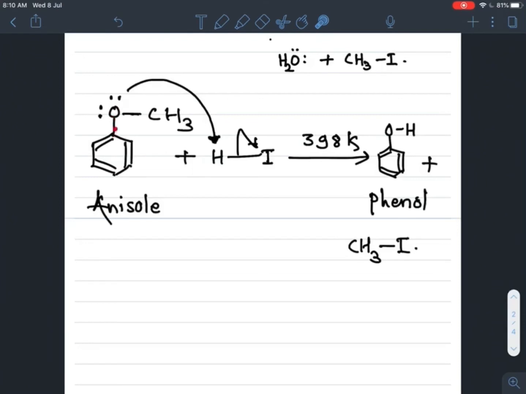The bond between oxygen and the phenyl group does not break, because this bond is very strong compared to the OCH3 bond, due to resonance stability and because the oxygen-carbon bond length is short. The shorter the bond, the stronger it is, and it does not break during the reaction, so it remains as it is, and we get phenol plus CH3I. So here we complete the reaction with hot HI.